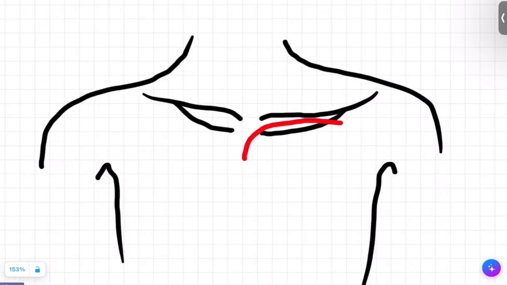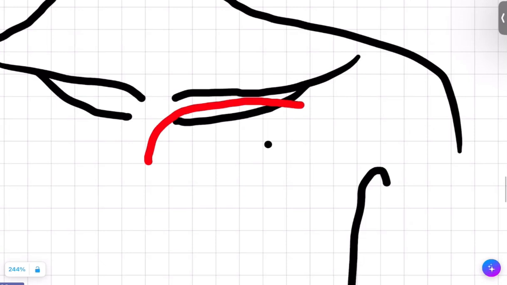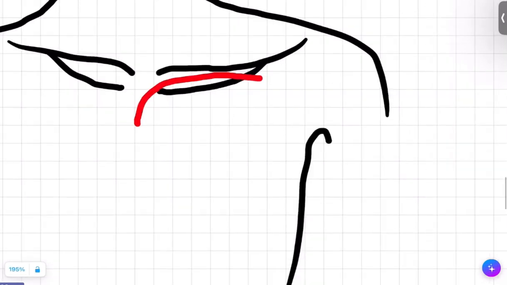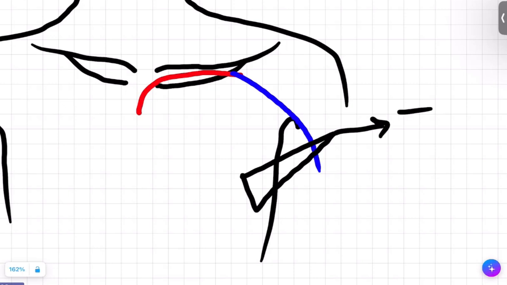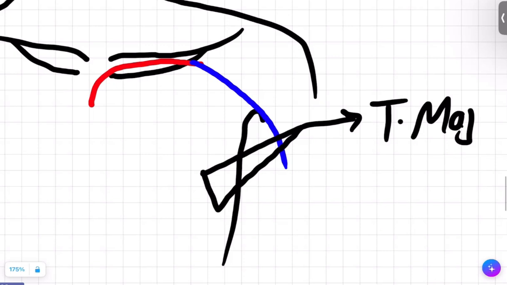As soon as it crossed this part of the first rib, this became what artery? Axillary artery. Now this axillary artery will be going into your hand. But when it crosses this muscle known as teres major, the axillary artery becomes the brachial artery.